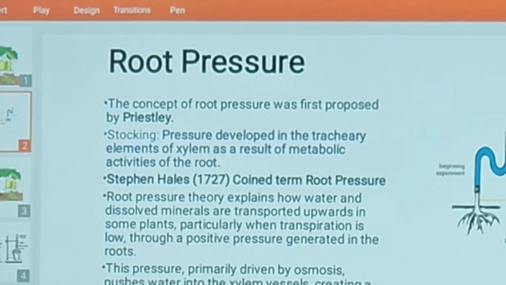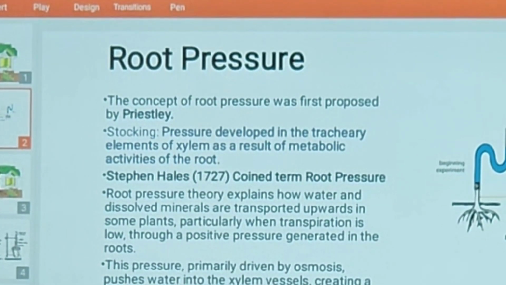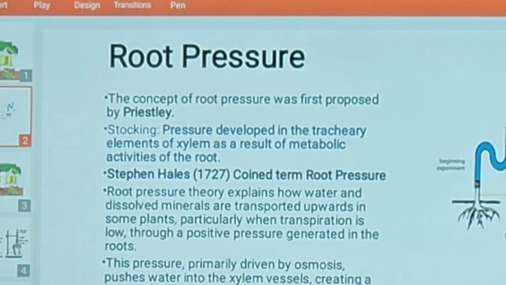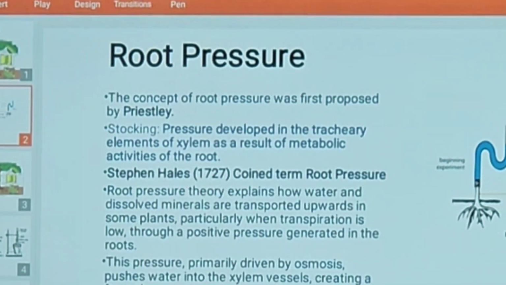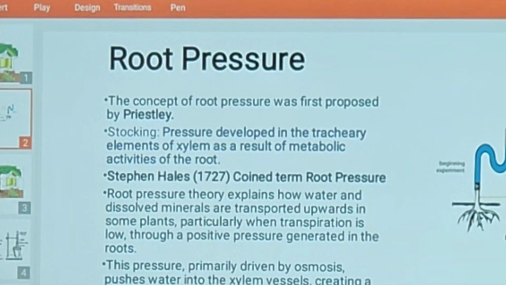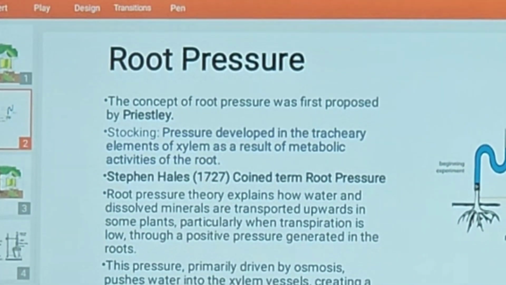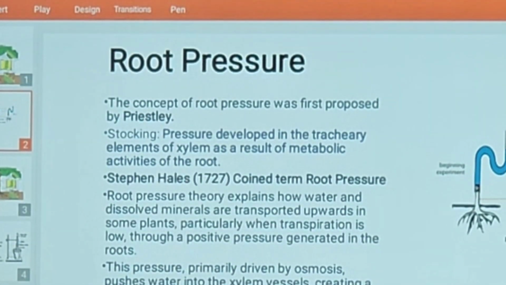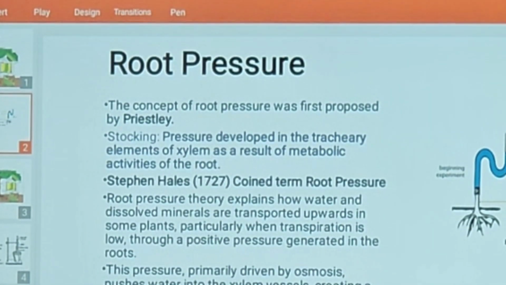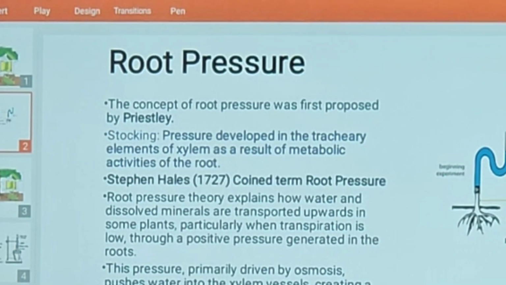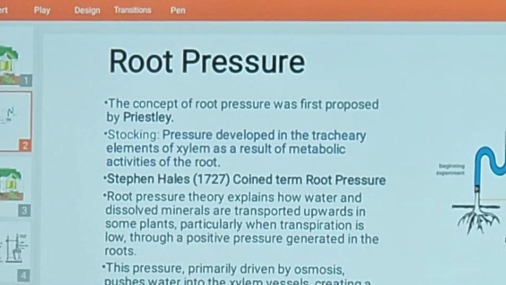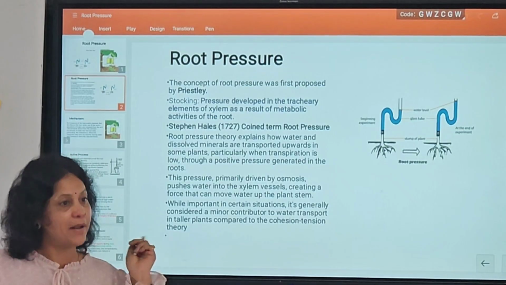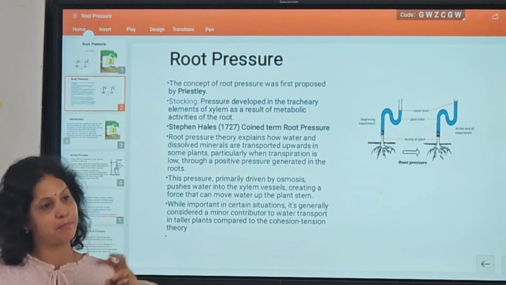And osmosis is the process which transports water from higher water potential to lower water potential, but as I explained to you, it is an active process, and in active transport movement takes place from low concentration to higher concentration. Here low concentration represents the concentration of the ions, which is generally low in the soil as compared to the root cell, because in soil water potential is usually high and water moves from higher to lower water potential.